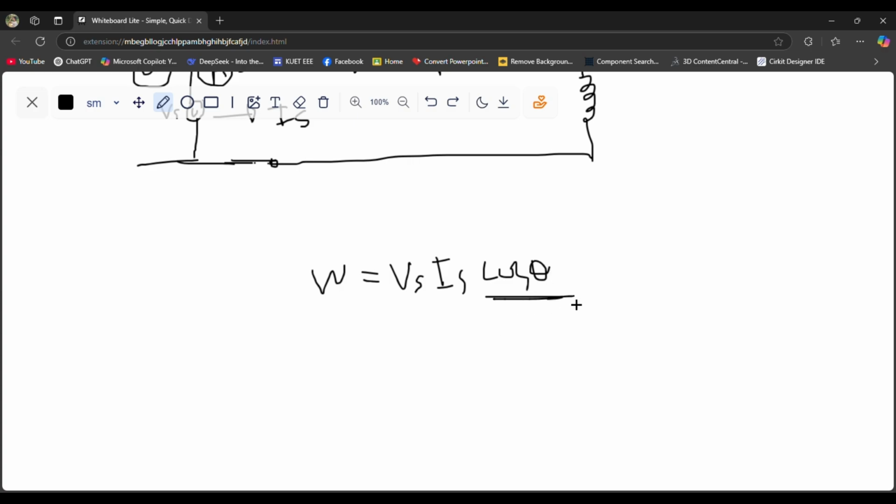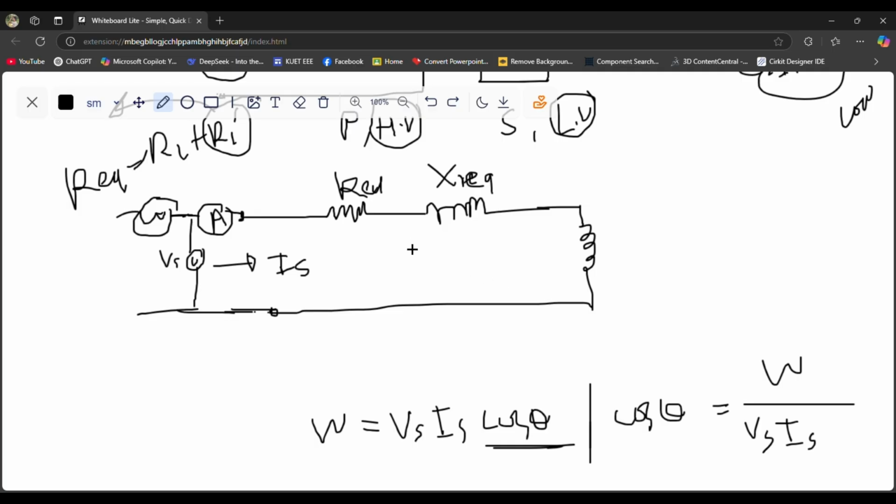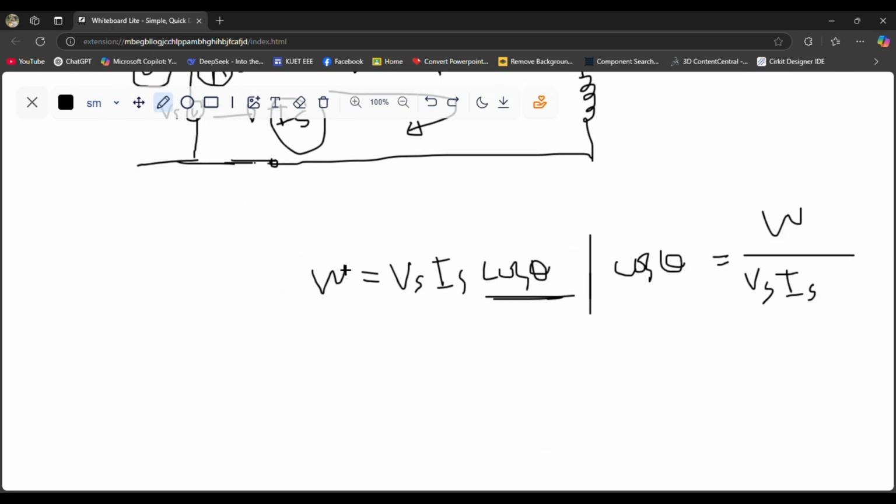What is this cos theta? Cos theta is the power factor. So in the very first calculation we can get the power factor, which is cos theta equal to W divided by Vs Is. Now it's our turn to get the R equivalent. In the whole circuit Is is the same for R equivalent and X equivalent, because this is a series circuit.